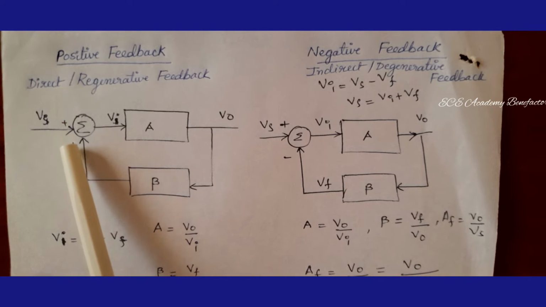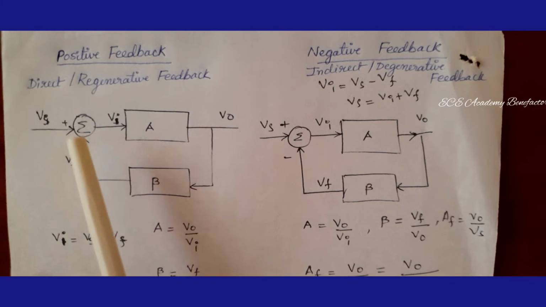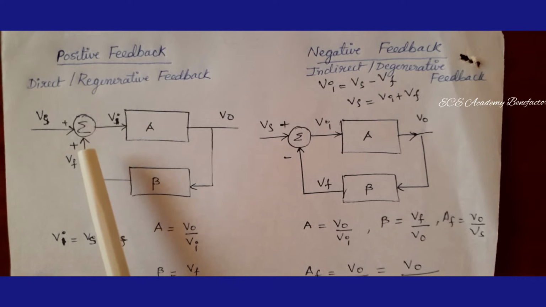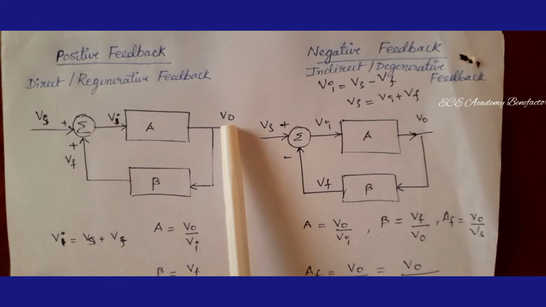So, plus are shown. When both feedback signal and source signal are in phase, it is known as positive feedback. After the mixer circuit, the signal coming out is Vi, and the output is V naught.